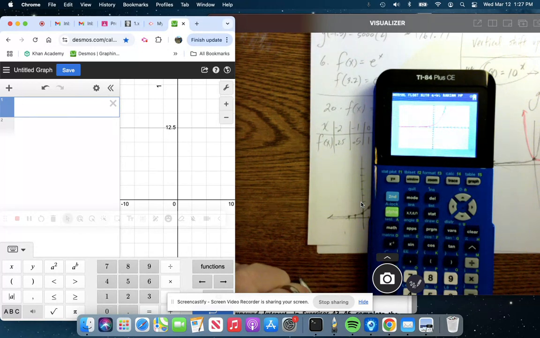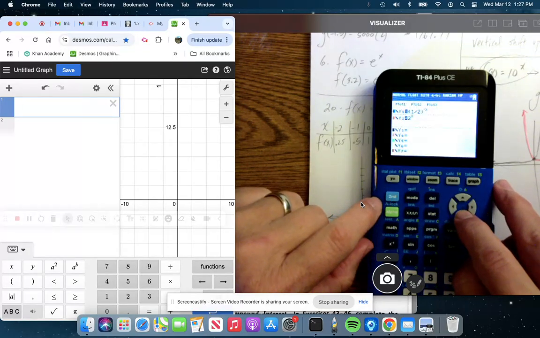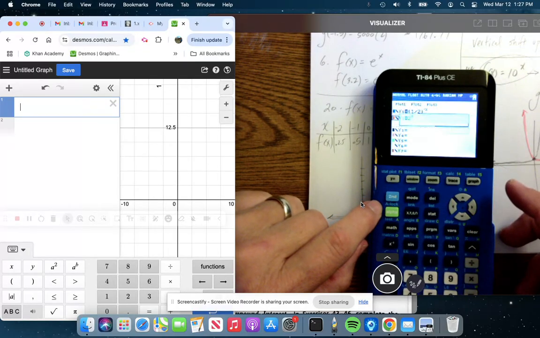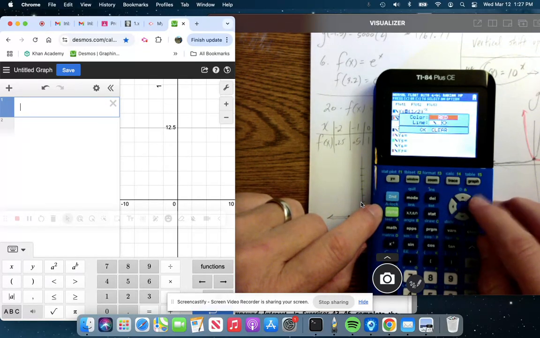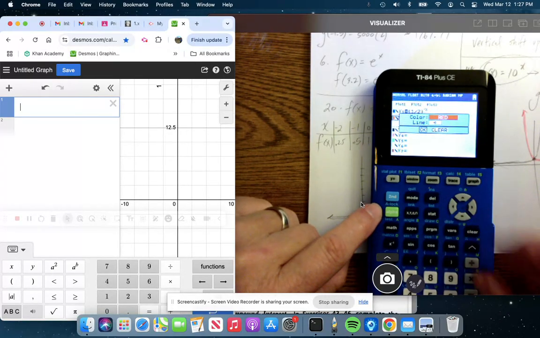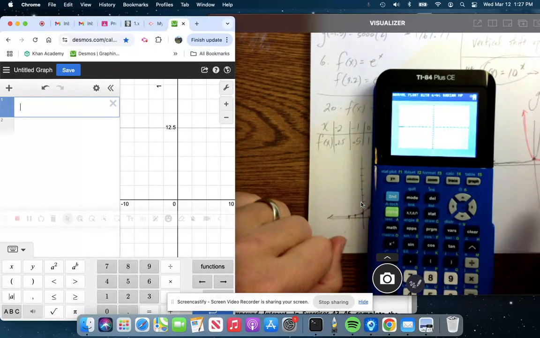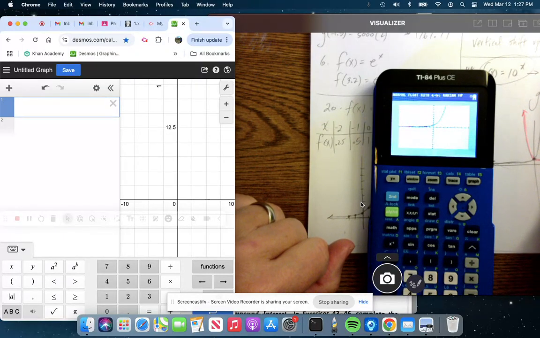Didn't show up. Let me try that again. Oh, I didn't hit OK. All right, now when I hit graph, here comes the original function, which is 1/2 to the -x. And here comes, you can see that little dot moving, showing you it's the exact same function.